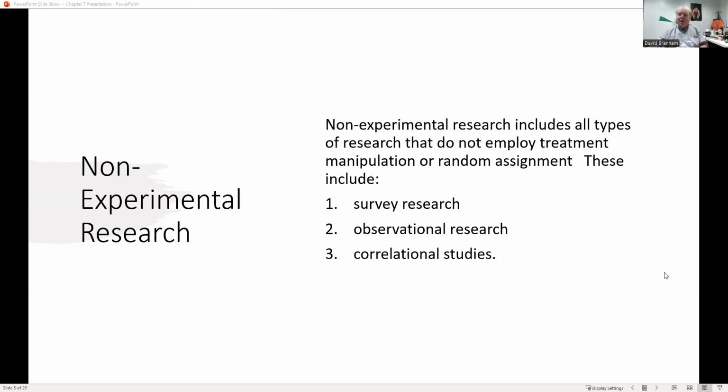But that does not mean that you want to throw out that research. You want to know what those associations are. So non-experimental research doesn't have random assignment, and it doesn't have treatment manipulation, where the independent variable can be manipulated.